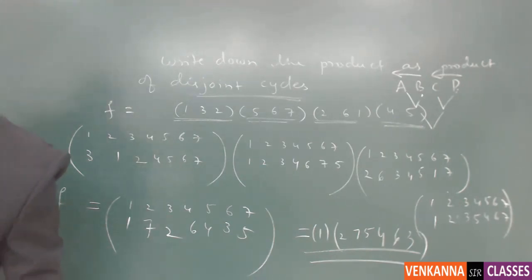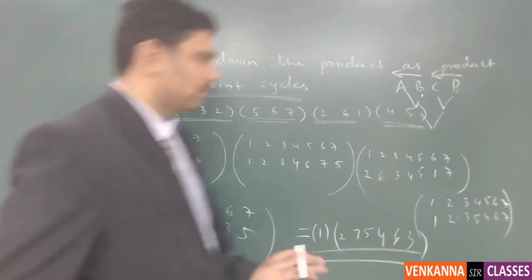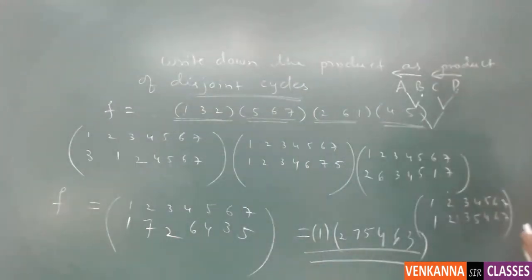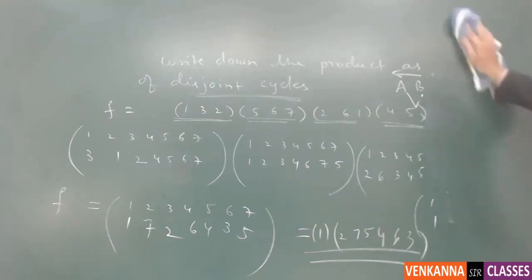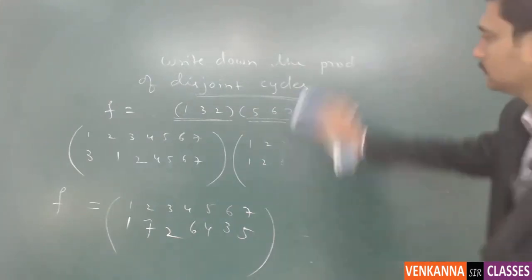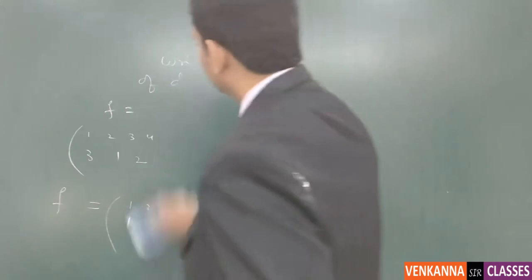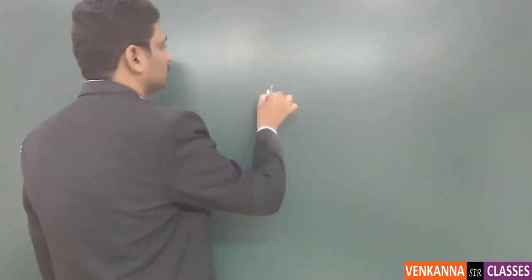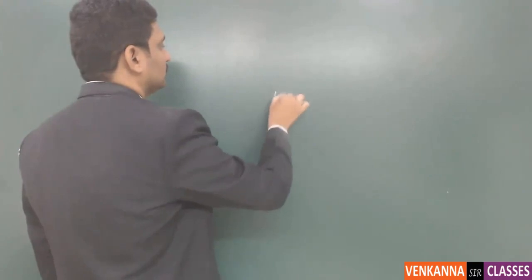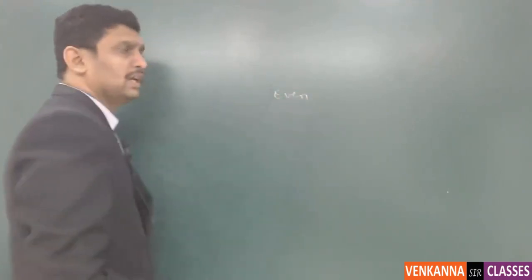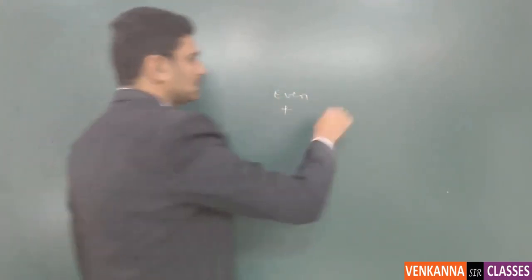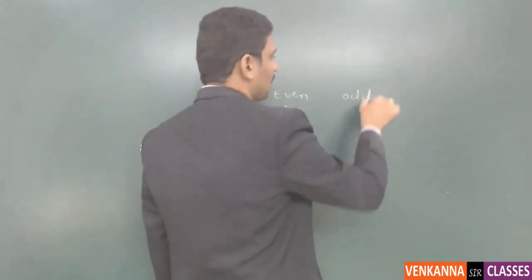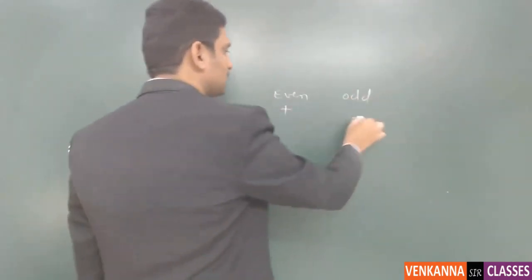Right. Now, we can observe the properties of these permutations. Let us take an even permutation as plus, and an odd permutation as minus.